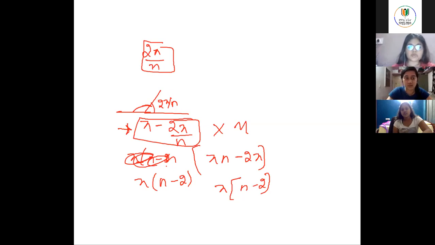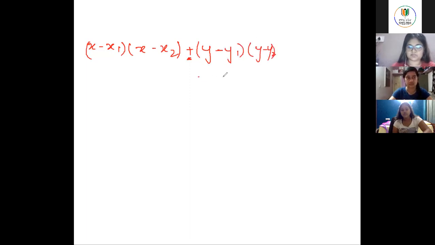So what you can do here, Preeta, is write (x minus x1) multiplied by (x minus x2) plus (y minus y1) and (y minus y2) is equal to 0. There's a plus here, right, Sanjana? Yes, ma'am.